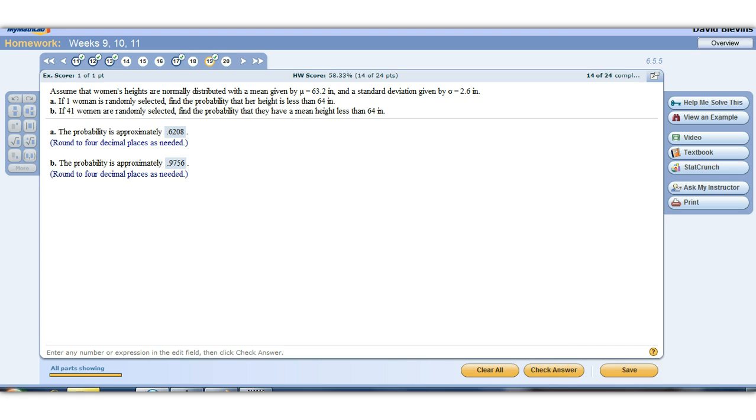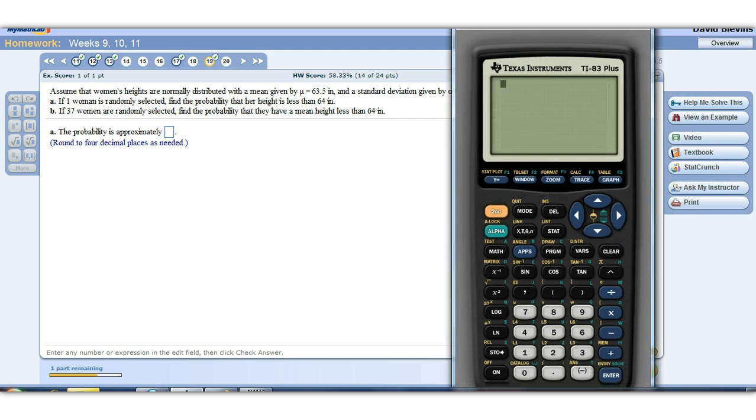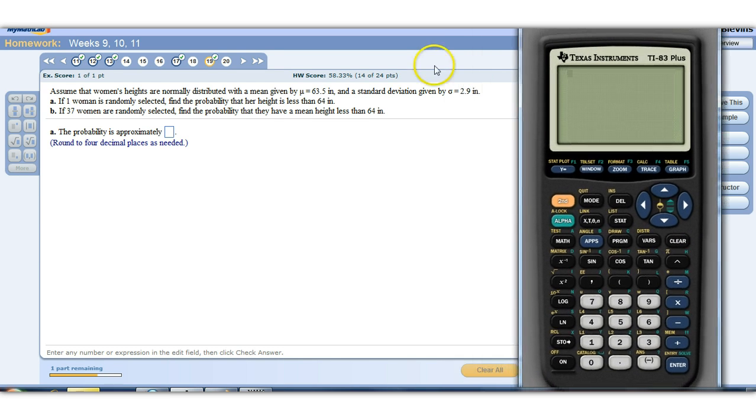Alright, I'm going to do a similar one so we can get the idea down. I'm just going to go through it with the calculator here, not go through the drawing. One woman is randomly selected. We want to find the probability her height is less than 64. So this time, less than 64, just like before, we have a big number of deviations away.